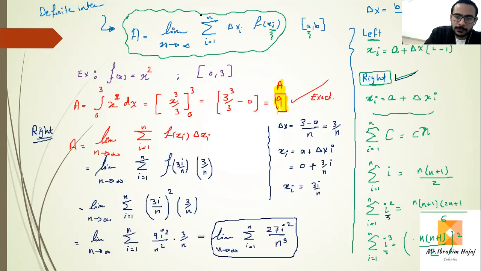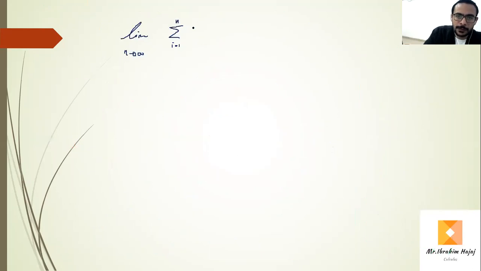I will take this all and move to the next slide and write it here again, so please pay attention. The limit as n approaches infinity of the summation, i equal to 1 to n, of 27i squared over n cubed. There is an important step here.